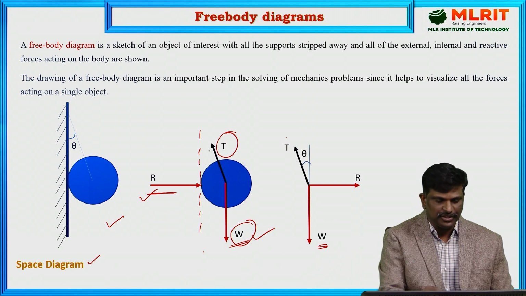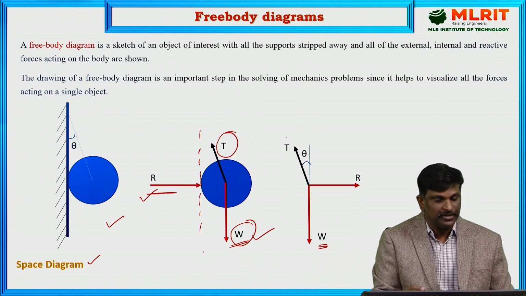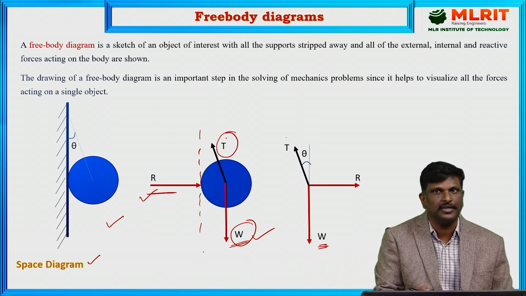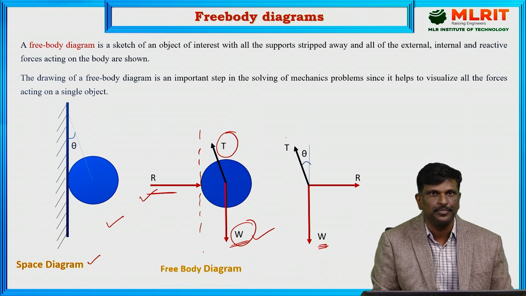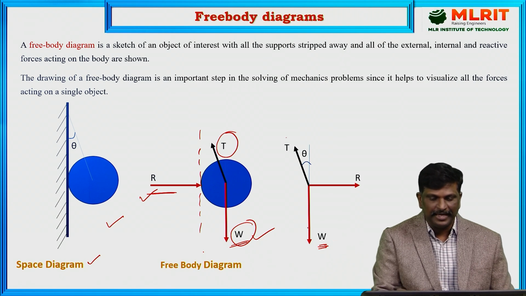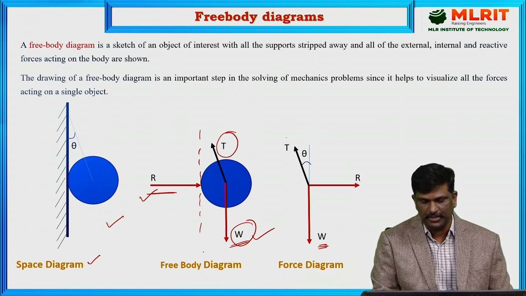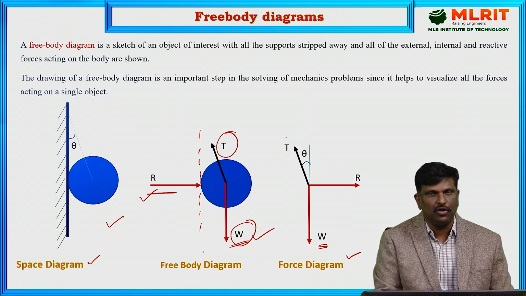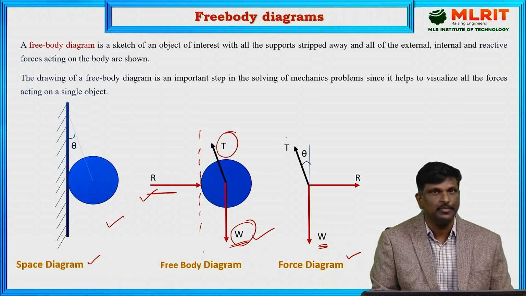The diagram drawn from the space diagram, which shows the supports removed and replaced by equivalent reactions, with the internal, external and self weights all shown, is called a free body diagram. Finally, the diagram which shows only forces is called a force diagram. This is how we need to draw free body diagrams for the given problems.